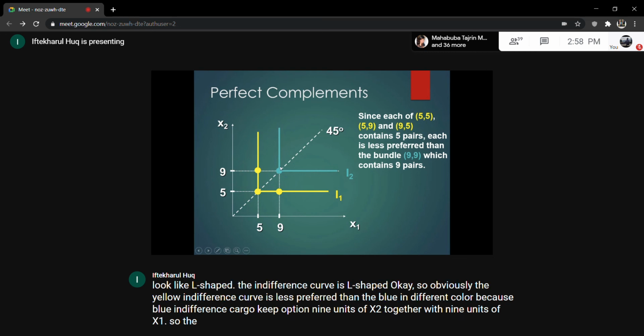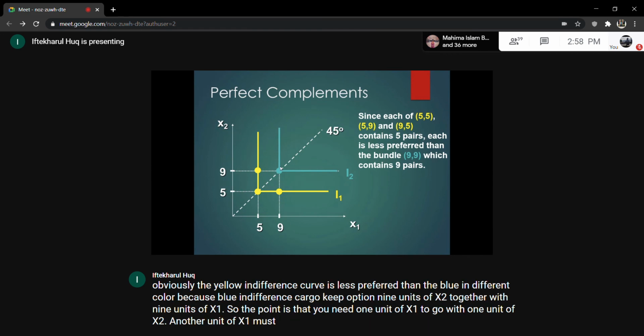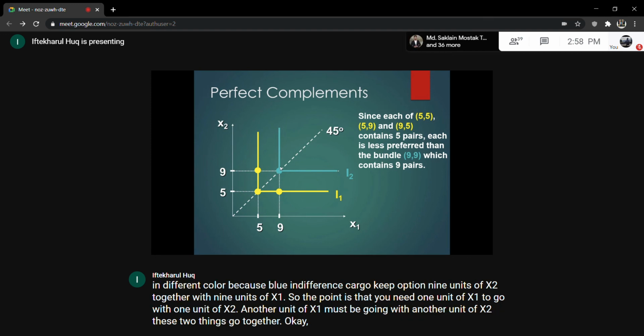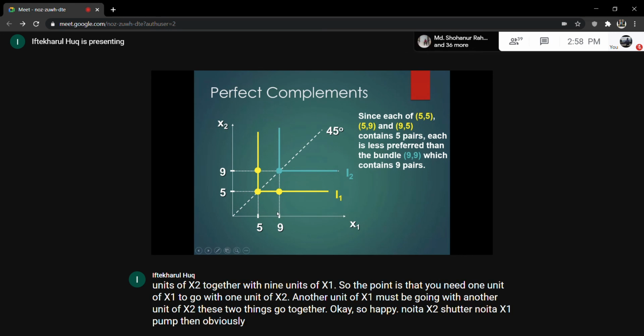So the point is that you need 1 unit of x1 to go with 1 unit of x2. Another unit of x1 must be going with another unit of x2. These two things go together. Okay, so আপনি যদি 9টা x2 এর সাথে 9টা x1 পান, then obviously this is much better than 5টা x2 এর সাথে 5টা x1 পাওয়ার.